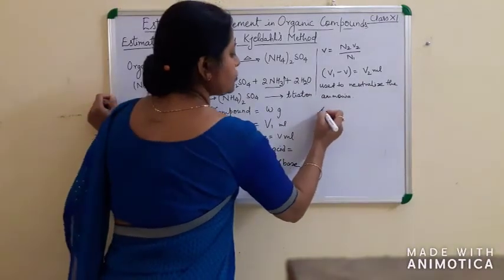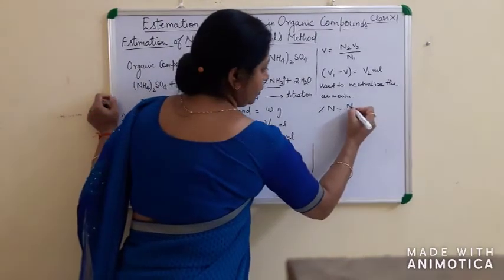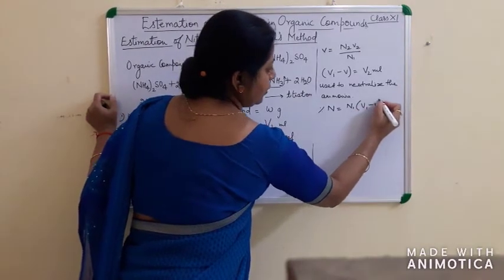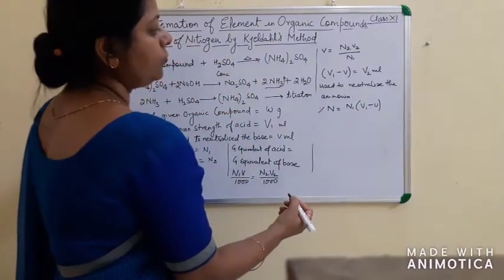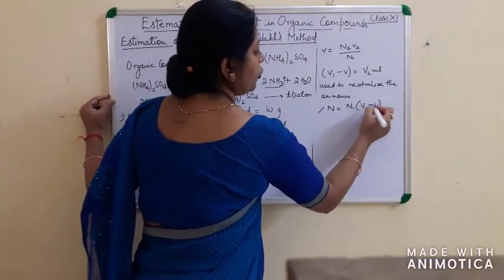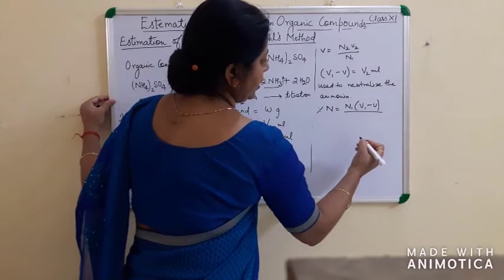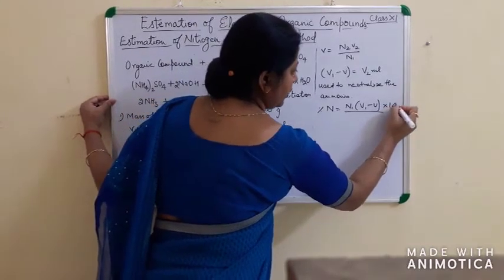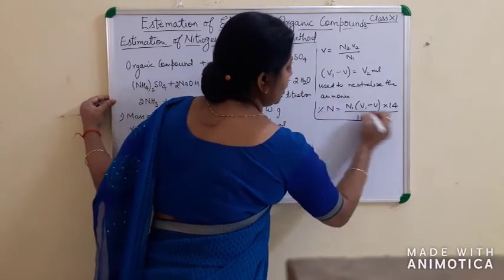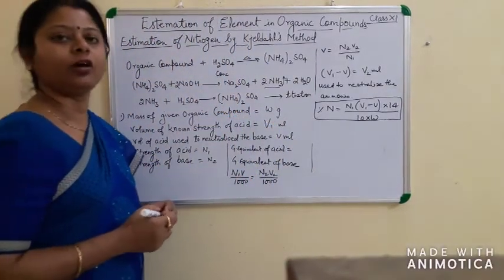Now, to know the percentage of nitrogen, we use the formula: N1, the normality of the acid, into V1 minus V, that is V2, the volume of the acid which is used to neutralize the ammonia, into 14, divided by 10 into W. By this formula, you can calculate the percentage of nitrogen in the given organic compound.